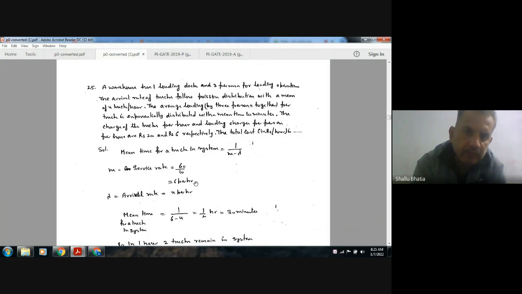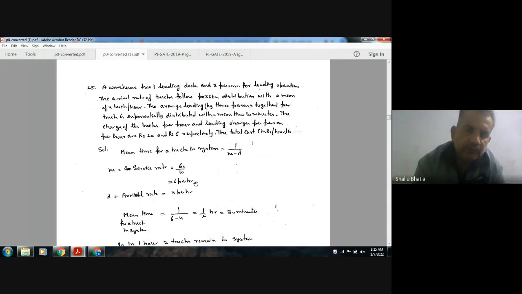The charge of the truck per hour and loading charges per person per hour are rupees 20 and rupees 6 respectively. The total cost in rupees per hour is.